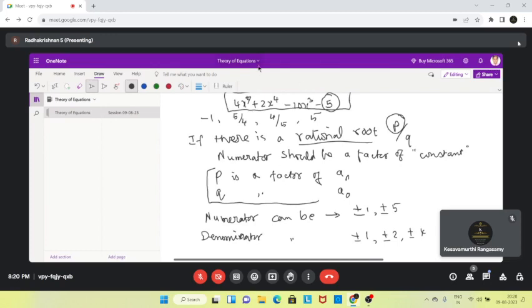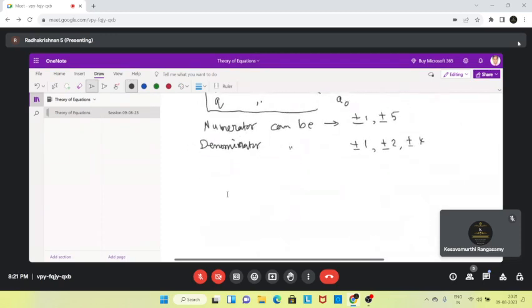Okay. So next problem. The polynomial x cube minus kx square plus 9x. This is problem number 6.